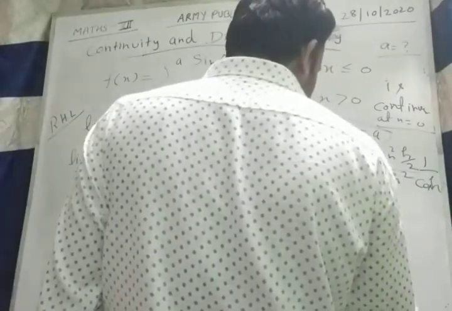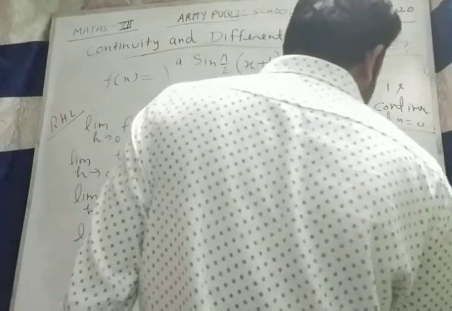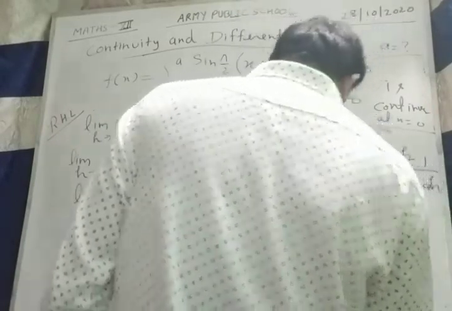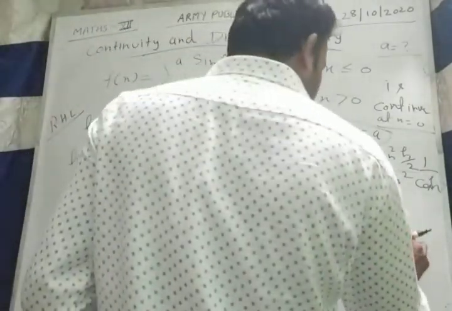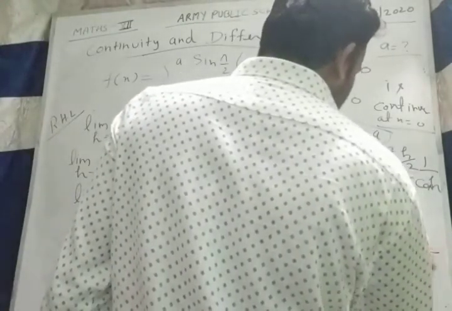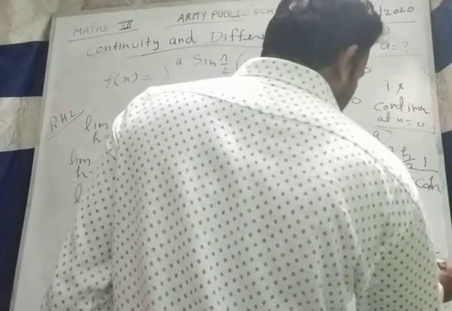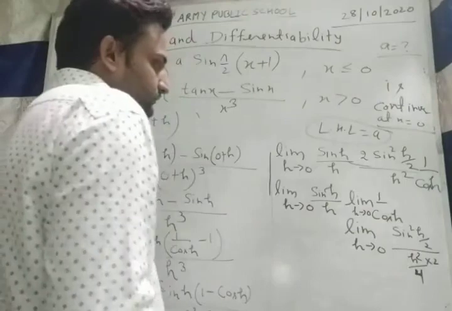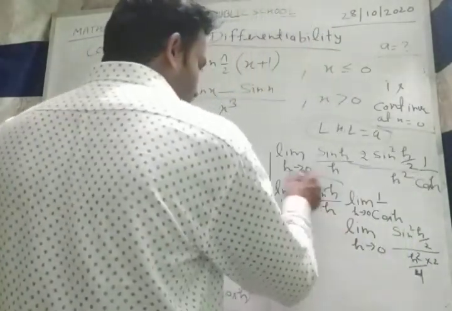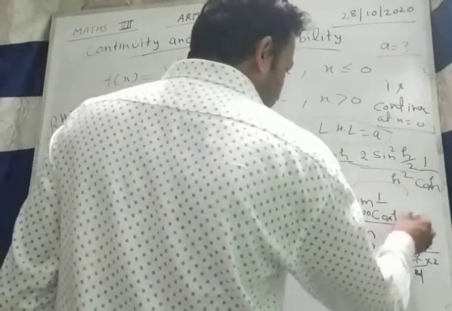Now the limit of the third term, h tends to 0, 2 sin square h by 2 divided by h square. We are sending this 2 to the denominator, and we get sin square h by 2 divided by h square by 4, multiplied by 2. This will be changed into 4. So this term will be 1, this term will be 1.